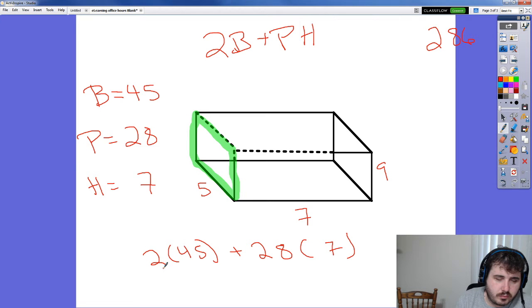And we end up with, well, here's 90. And then 28 times 7. So 7 times 7 is 49 times 4.